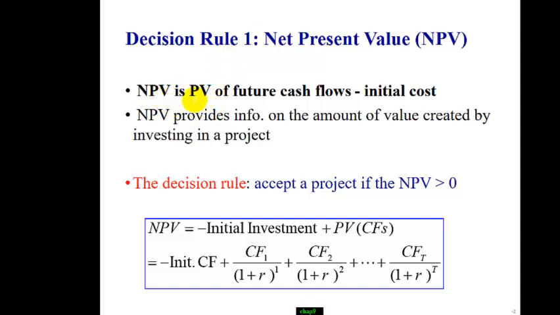NPV is calculated as the difference between the PV of future cash flows and the initial cost, the initial investment. We accept if it's a positive NPV, and reject the project if it's negative. You can use the formula: find the PV of each year's future cash flow plus the initial outflow. Or you can use a financial calculator.